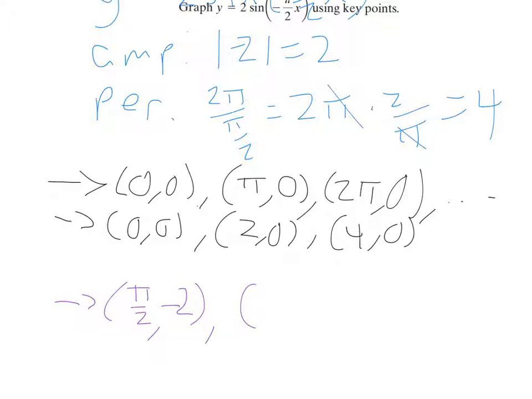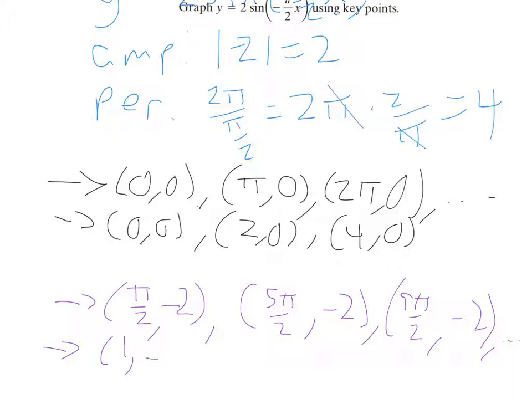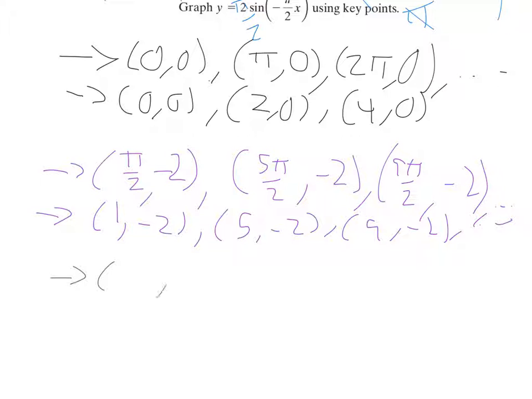And it would normally be at 1, or in this case, negative 2, at 5 pi over 2, and at 9 pi over 2, etc. But since we have to multiply the points by 2 over pi, it'd be at 1, negative 2, at 5, negative 2, and at 9, negative 2.